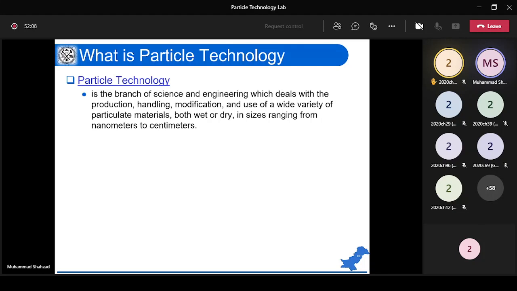Then next comes the handling, meaning transportation and storage. Sometimes we need to store the material, and if the size of the particle is different, then the method of storing will be different. For example, in case of production of the raw material for cement manufacturing, the particles we are getting from the earth are very large. So how do we store them?